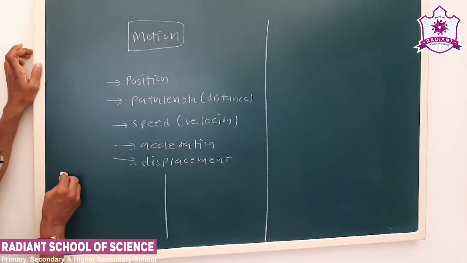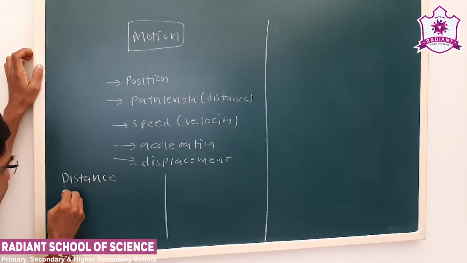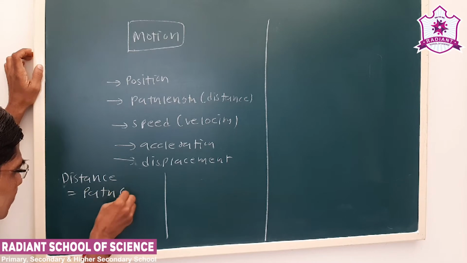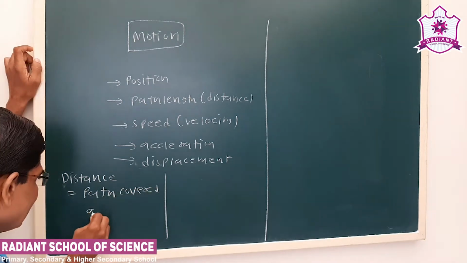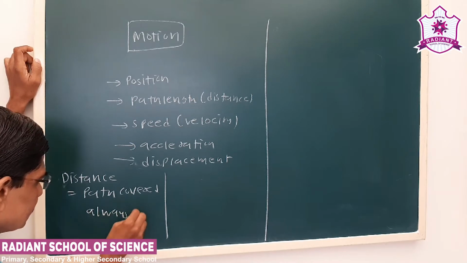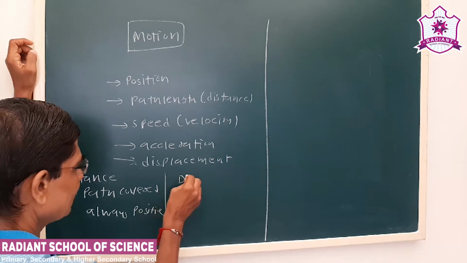The path length or distance is the path covered. Distance is always positive. Next is the displacement.